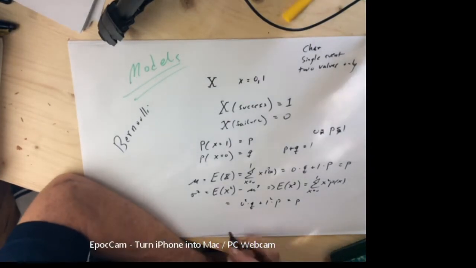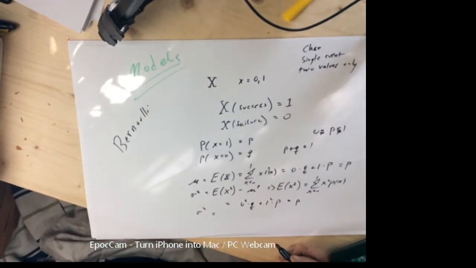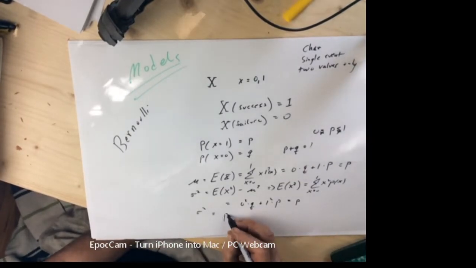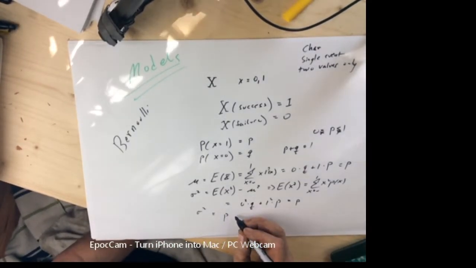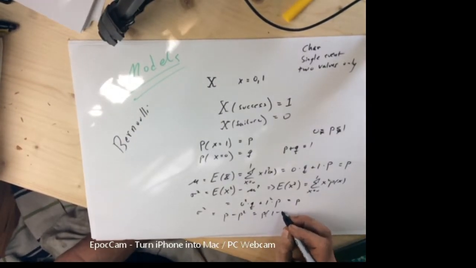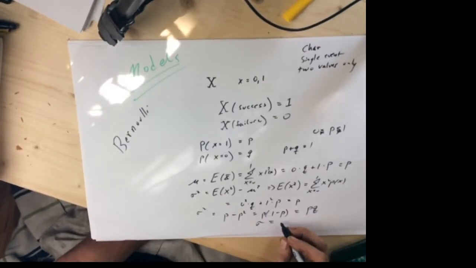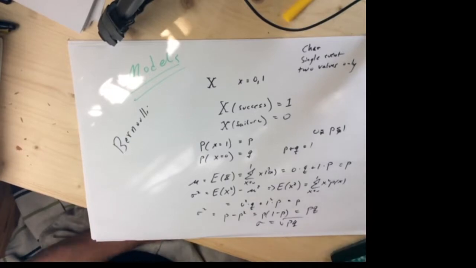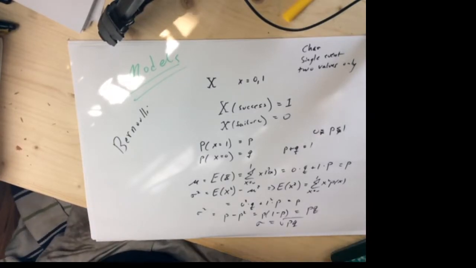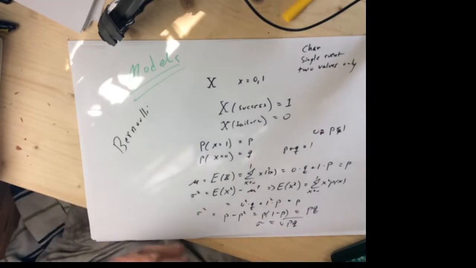Oh, yeah, I'm not done. So sigma squared then will be p minus p squared, which will be p times 1 minus p, which will be pq. And so sigma will be the square root of pq. A pretty simple calculation, theoretical. It's just what happens when you're flipping a coin that has some associated probability.